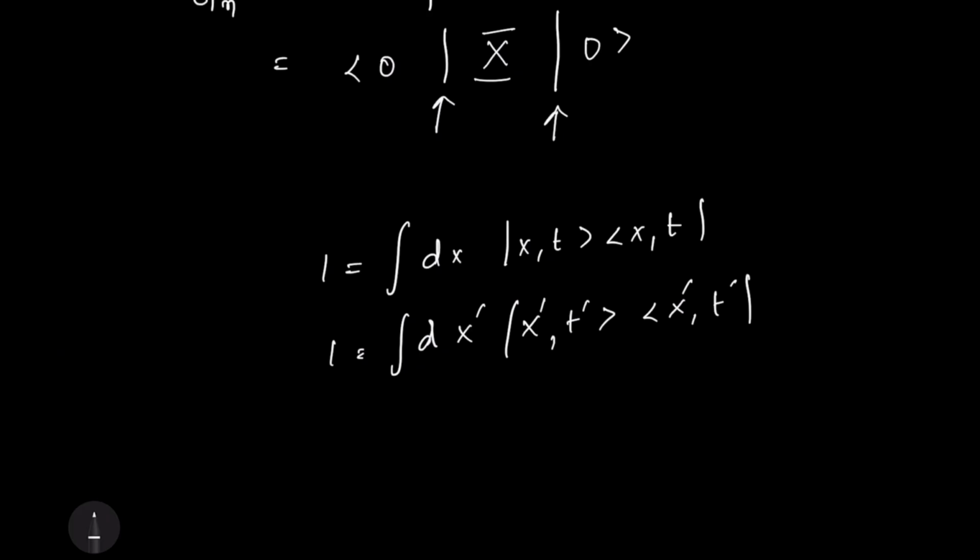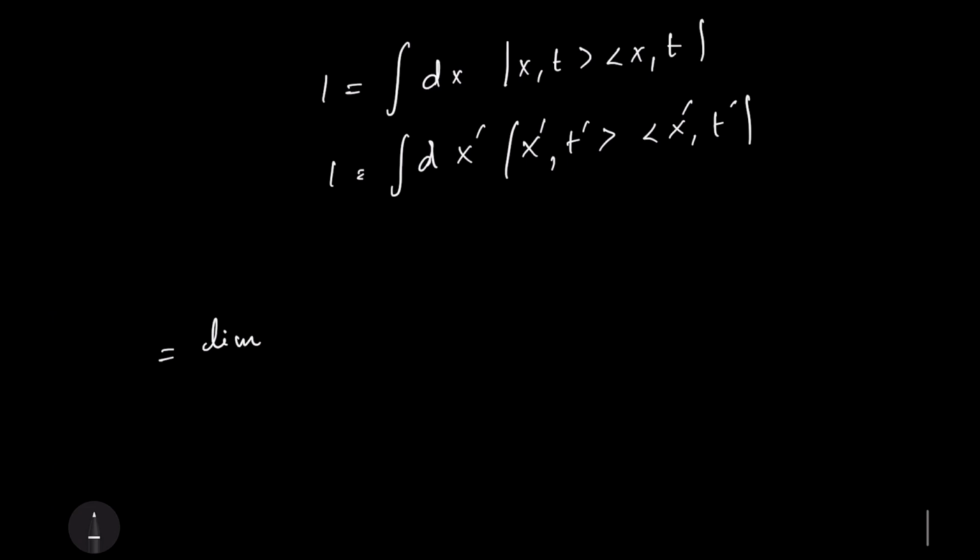So these are the completeness relations which I have to insert here. Then I will get limit t tending to plus infinity and t prime tending to minus infinity. So this is the definition.